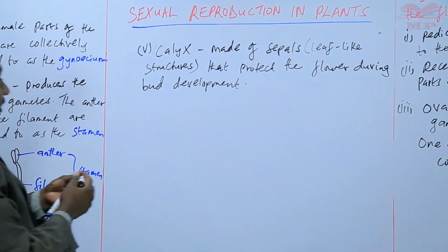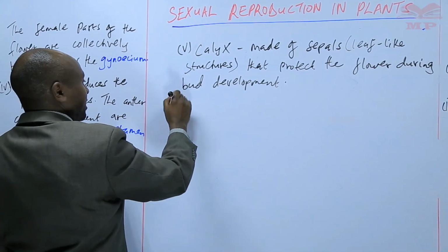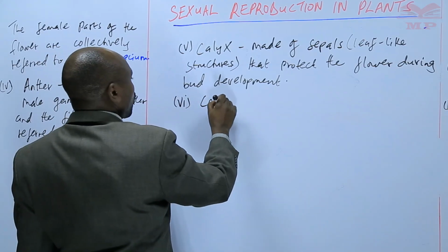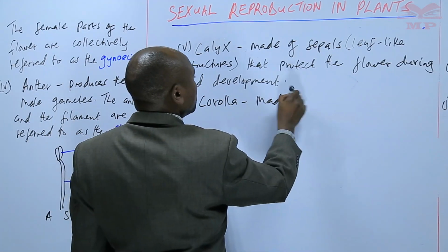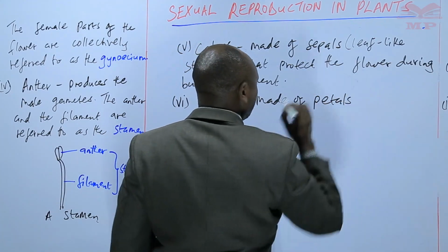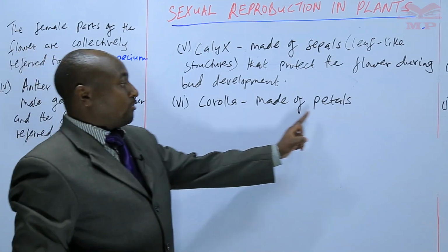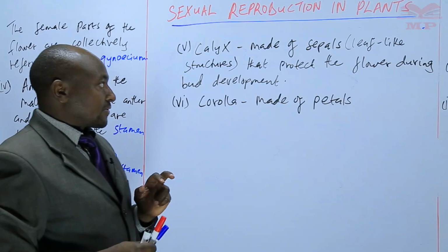Now, then we go to the next part. That's the one I had jumped into, and this is the corolla. And the corolla is made of petals. So there is a clarification there. Corolla is made of petals, but calyx is made of sepals.